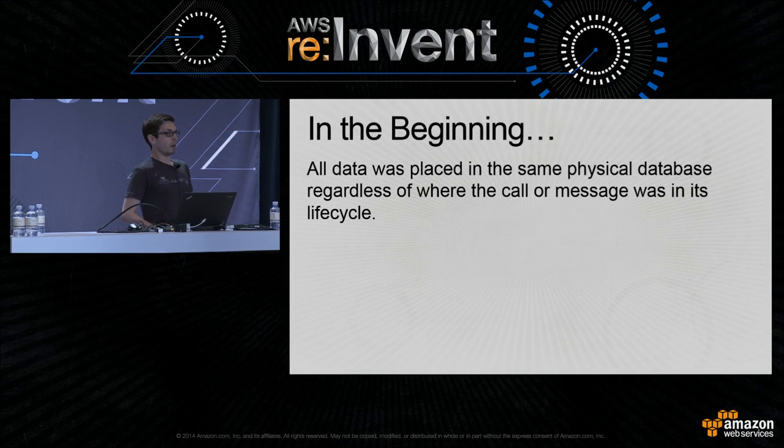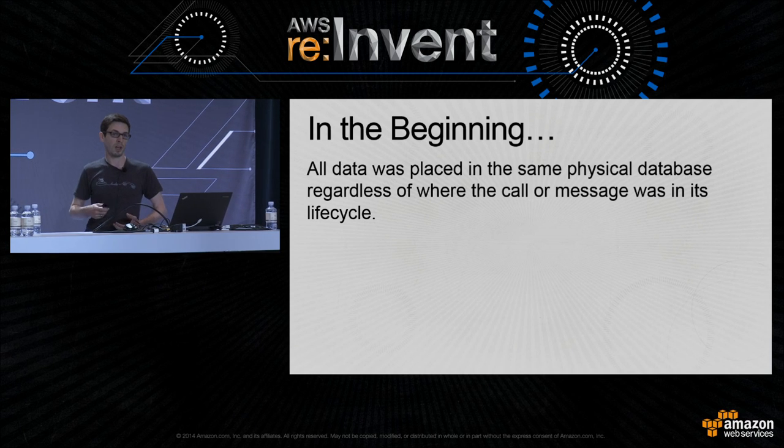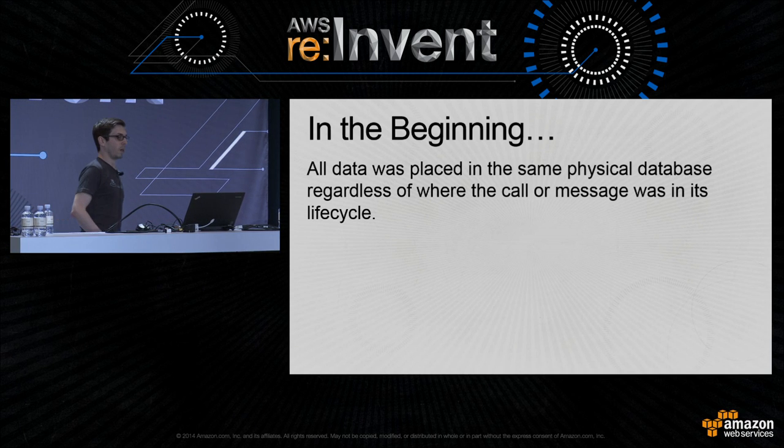So in the beginning, things were very, very simple. Back in 2008, we were still a startup, and our deployment with our databases was very simple. All data was placed in the same database and the same database table, regardless of where a call or message was in its lifecycle.